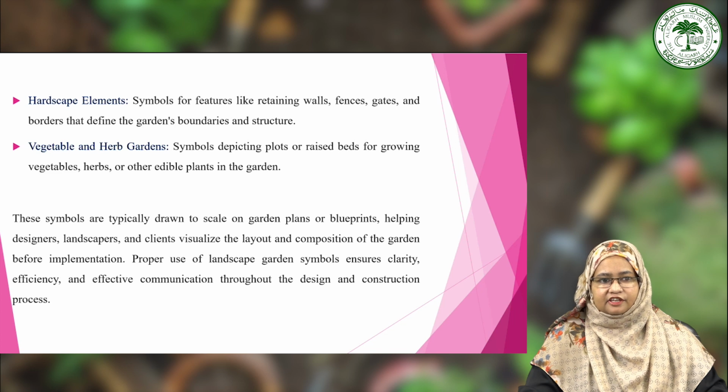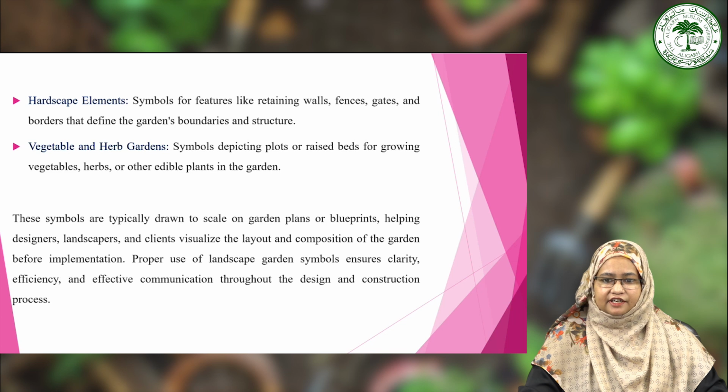In hardscape elements, these symbols represent features such as retaining walls, fences, gates, borders, which delineate the garden boundaries and provide structural support. By incorporating hardscape symbols into garden plans, designers can clearly communicate the placement and design of these symbols within the landscapes.